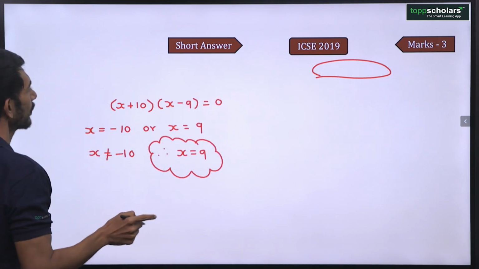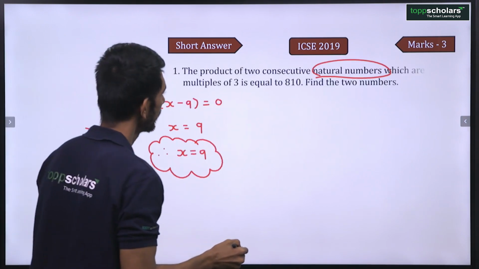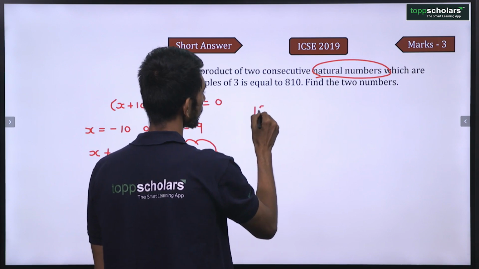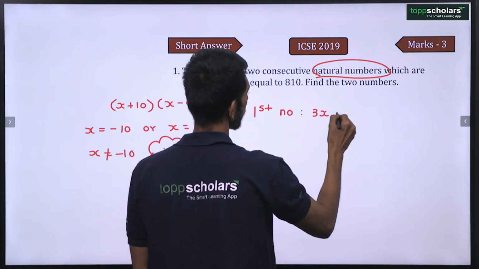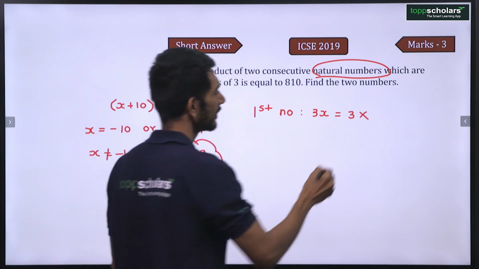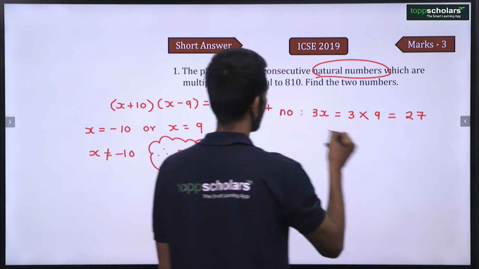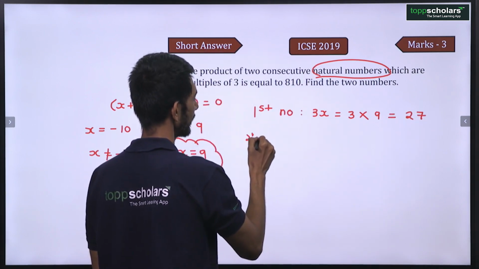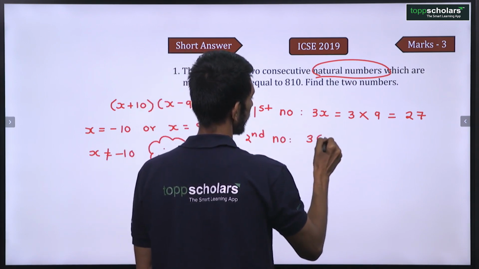No, the two numbers are what? The two numbers are 3x and 3x plus 1. So first number is 3x. That is 3 into 9, which is 27. The second number is 3x plus 1.